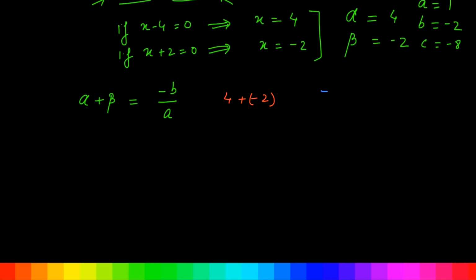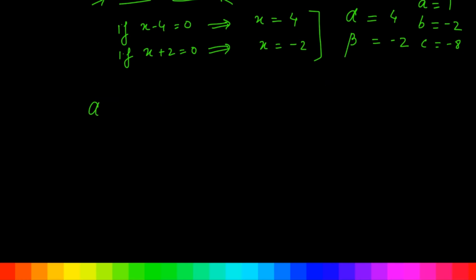Minus b here is minus 2 over a, that is 1. On simplification, we get 4 plus minus 2 is equal to 2. On the right hand side, minus minus plus becomes plus 2 over 1. So 2 is equal to 2. Hence, the relationship of sum of zeros is verified.